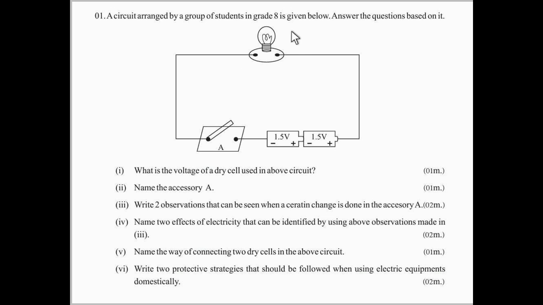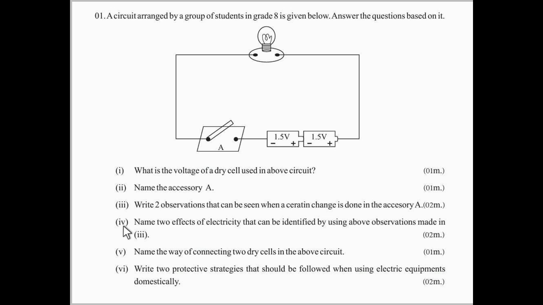Then heating is also a feeling to our sensory organ. Then lighting the bulb and heating the bulb are two observations regarding doing changes in accessory A, which is the switch.